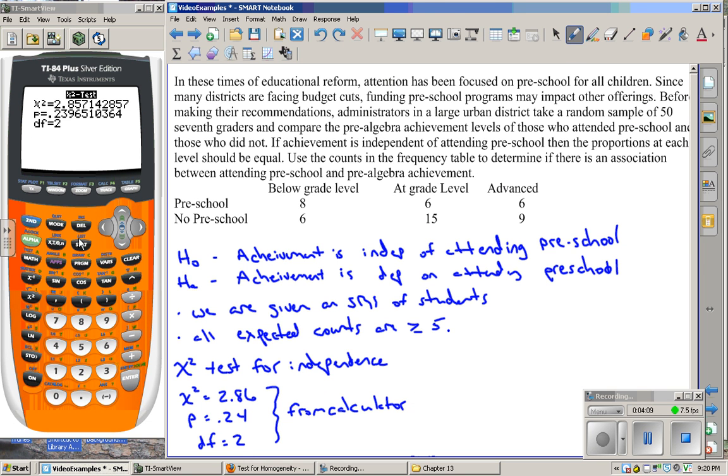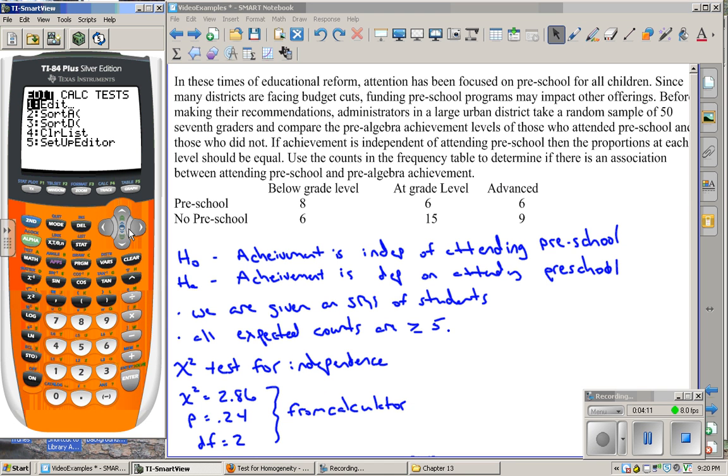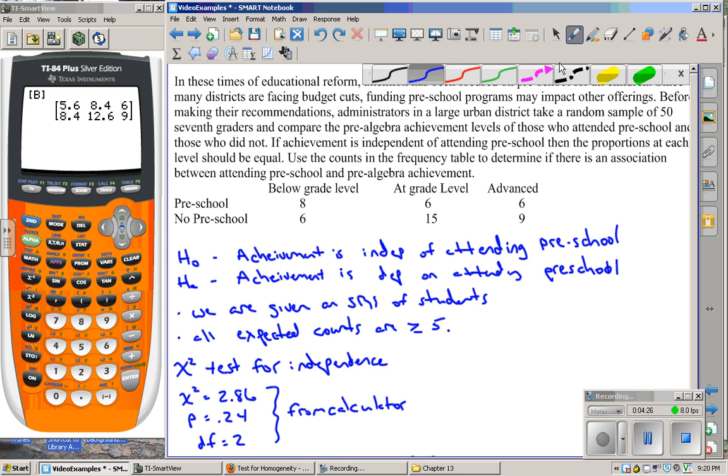Now let's go ahead and take a look at those expected counts just to make sure. So if I do second matrix, matrix B is where it stored everything for me. And there they are. And we can see that sure enough, they are all greater than 5. So now up here, I want to go ahead and put them in so that I can show that I did in fact look at them.